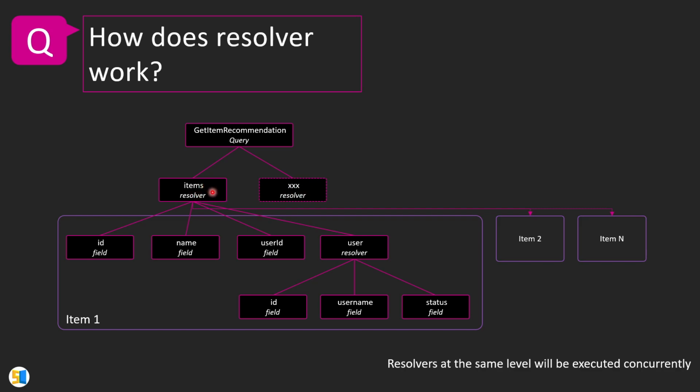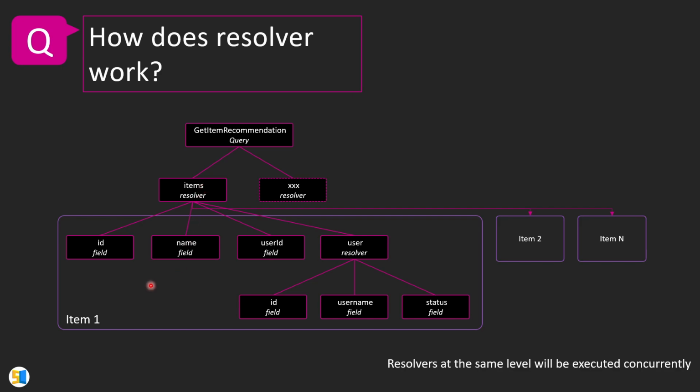So when the item resolver is executed, it will call our item resolver implementation, which is either calling a database or external APIs. And then it returns the results, right? And in this case, a list of items.